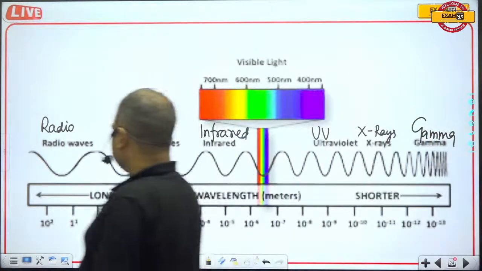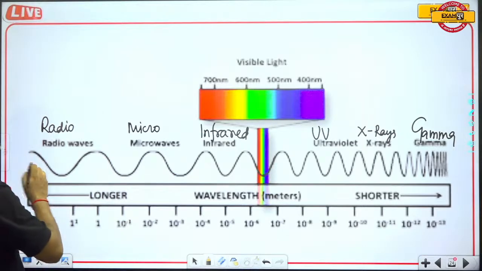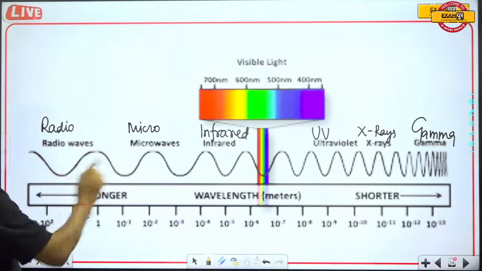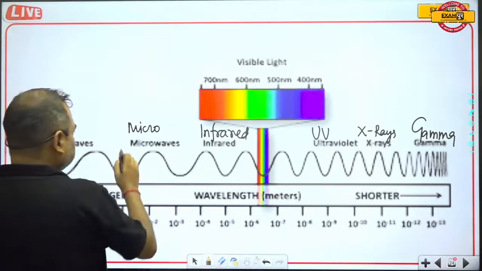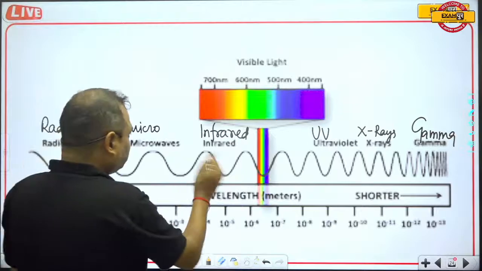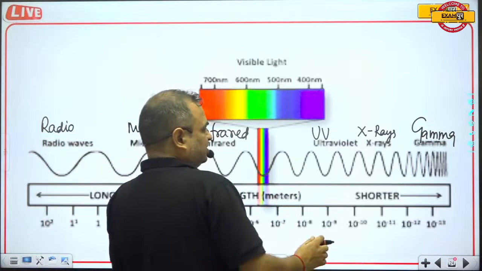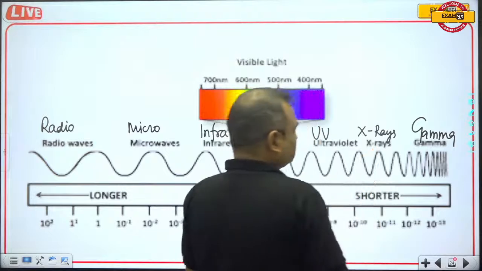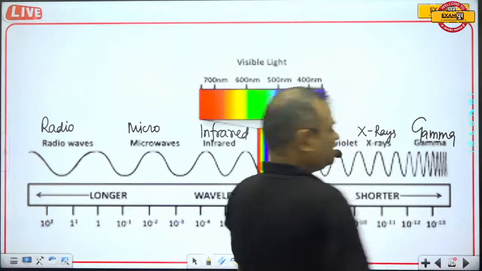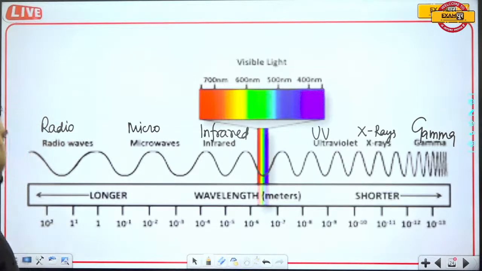Now you can observe that the wavelength of radio waves is highest, then the second is microwaves, the third is infrared, the fourth is ultraviolet, the fifth is X-rays, and the last one is gamma.